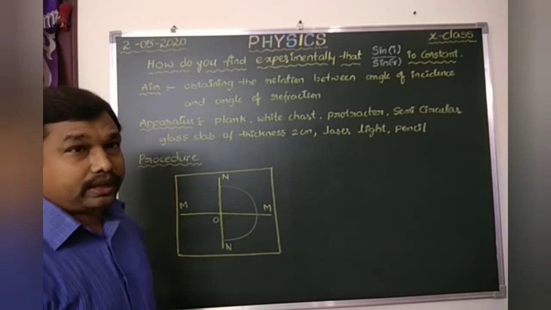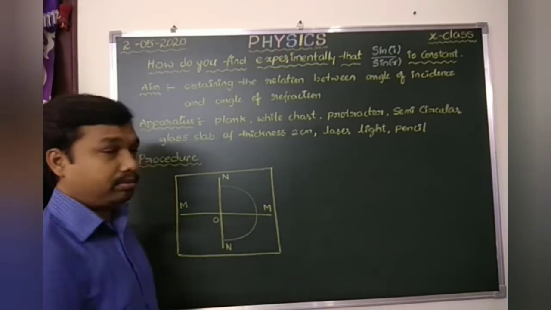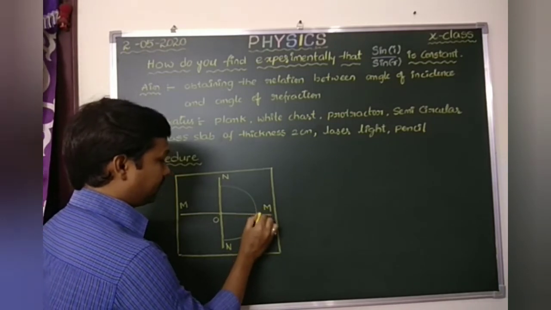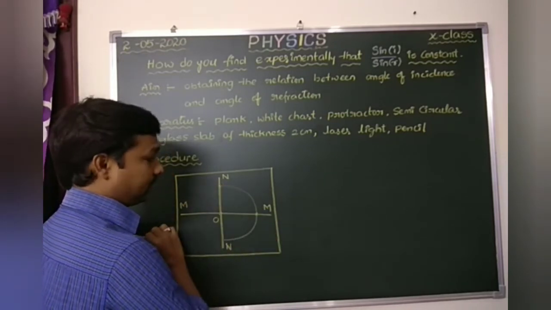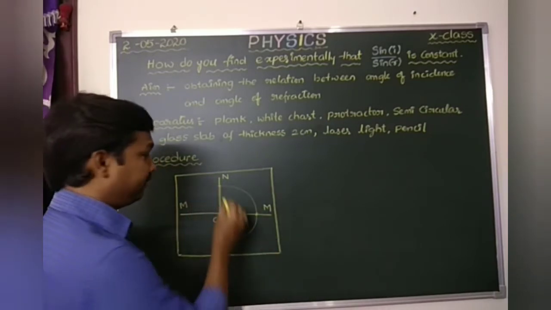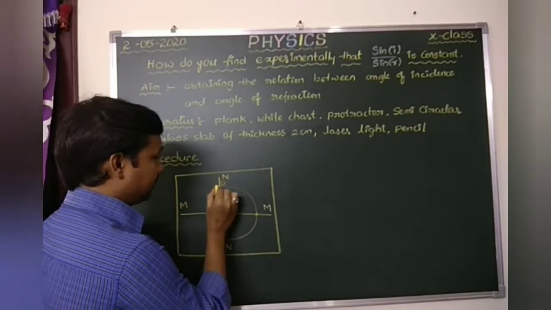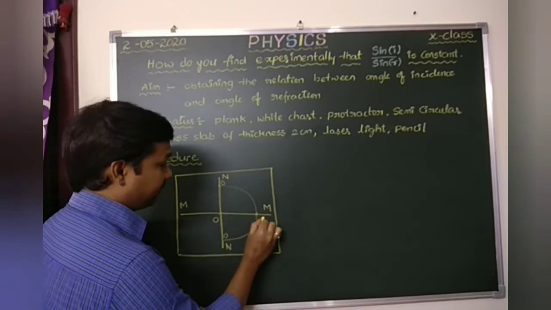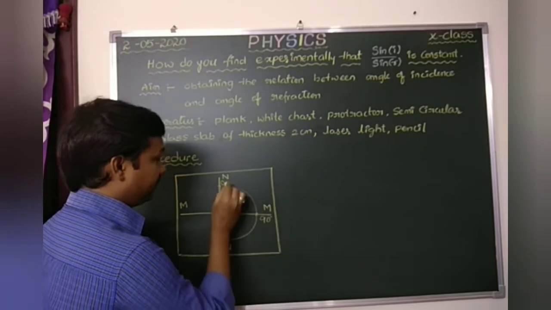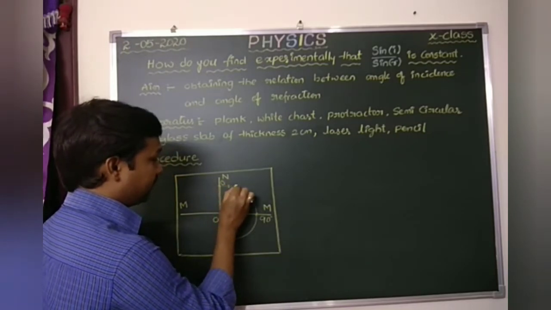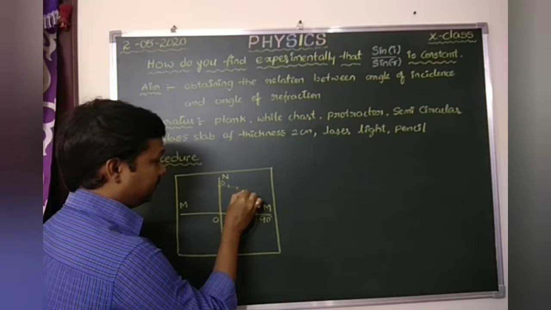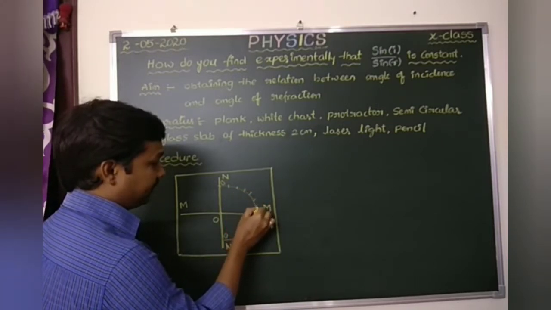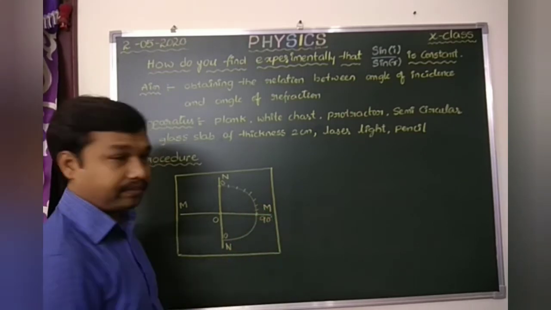We need to calibrate the angles of the protractor on the paper. Here it will be 90 degrees and here 0 degrees; 0 to 90 we need to calibrate. We calibrate 10, 20, 30, 40, 50, 60, 70, 80 and 90.